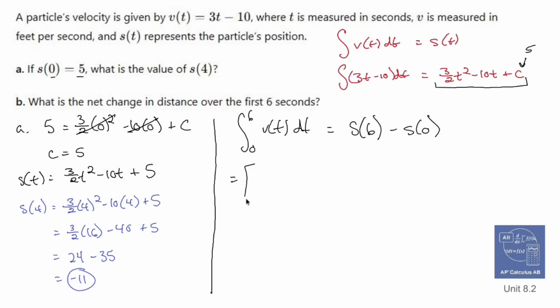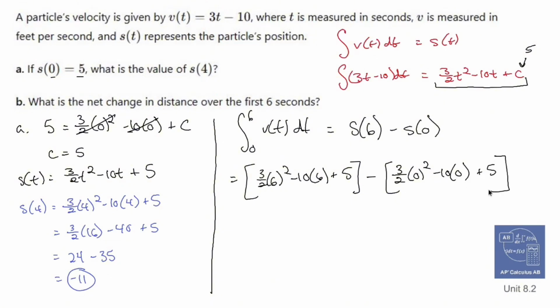We found our s, we did the plus 5 thing, and so s of 6 is going to be 3 halves 6 squared minus 10 times 6 plus 5, minus 3 halves of 0 squared, how nice, minus 10 times 0 plus 5. So the fives go away.